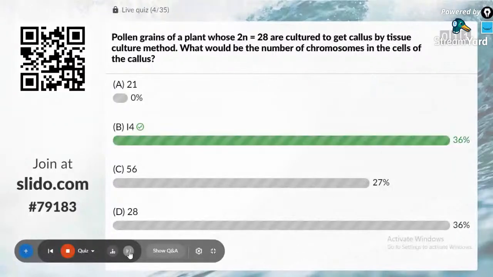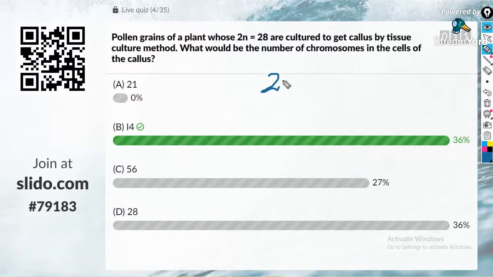Guys, it is 14. Look, 2n is equal to 28, therefore n is equal to 28 divided by 2, which is 14. Check here.